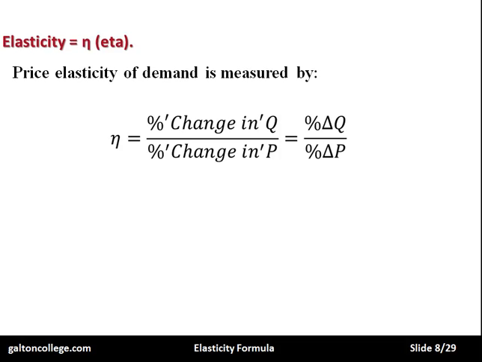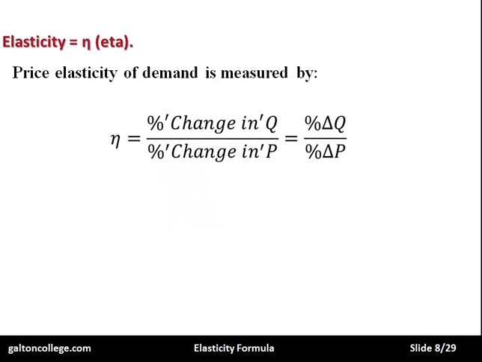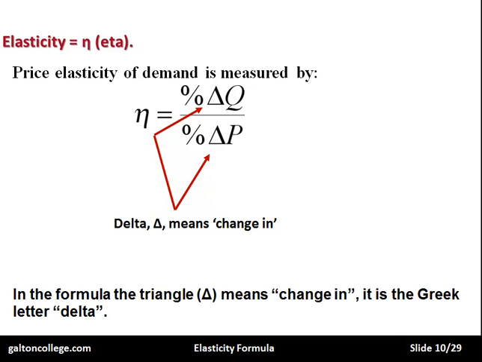So that's how we measure elasticity of demand, using this formula. We work out the percentage change in the quantity divided by the percentage change in price. Unfortunately, again, it's not that simple. Let's move on. Here's our formula. If you look at the formula on the right hand side, delta here means change in. So remember that the little triangle is the Greek letter delta. Delta is the change in.